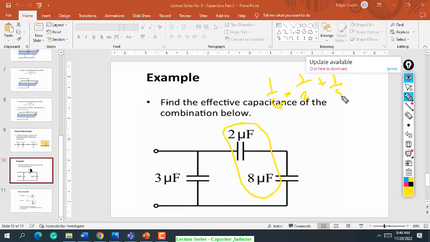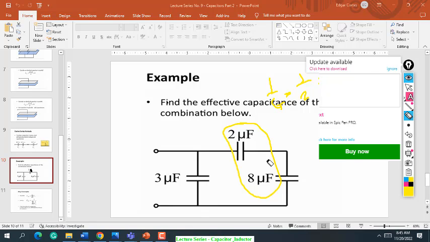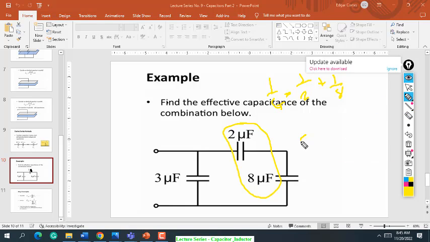That is the formula for C total. Do you remember the formula for two capacitors? You forgot C total, and R total. R total is equal to R1 times R2 over R1 plus R2.